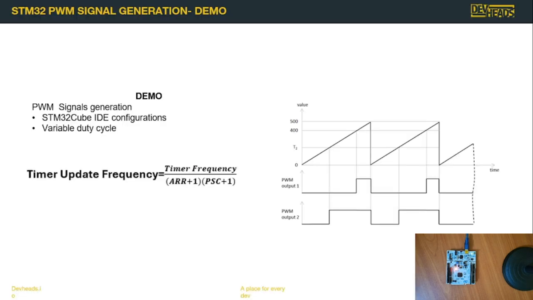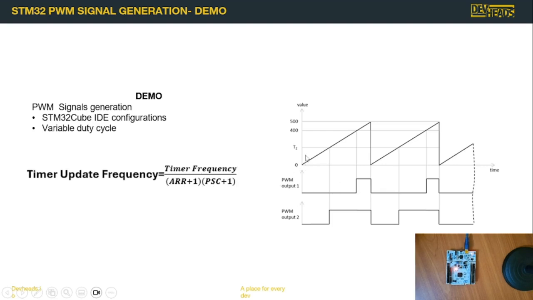For the PWM signal generation, we're going to now blink the LED using the PWM signals, and the timer update frequency is similar to what we did in the previous section, where you take the timer frequency, then the auto reload value plus 1 multiplied by the prescaler plus 1.